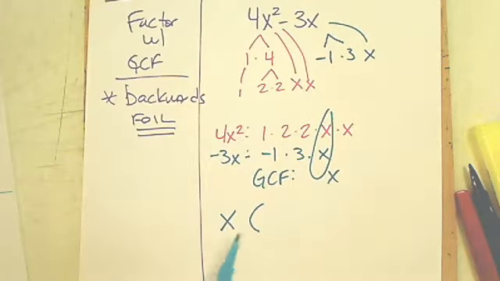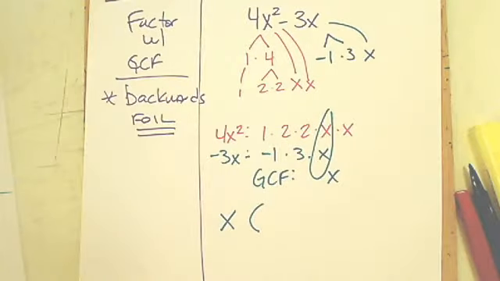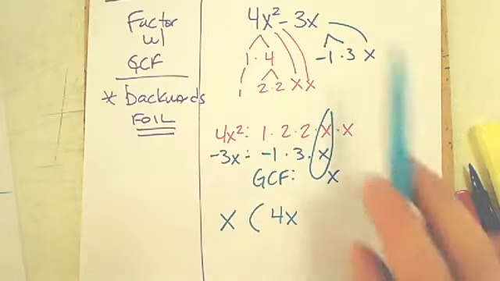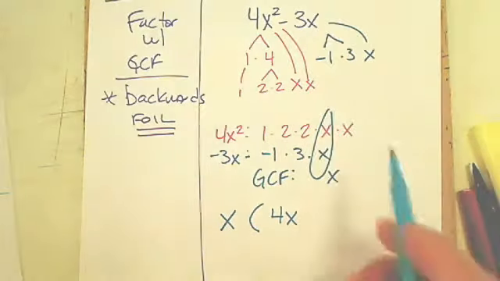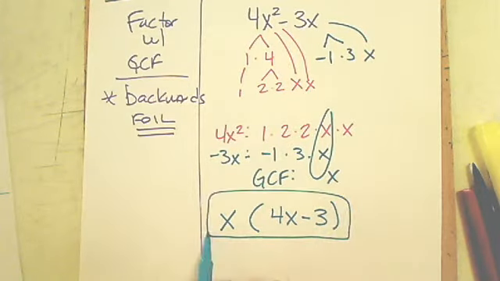So let's go backwards. This is the greatest common factor. How do I make x become 4x squared? 4x. How do I get x to become negative 3x? Just negative 3. This is my original problem. How do I know that's the correct answer?